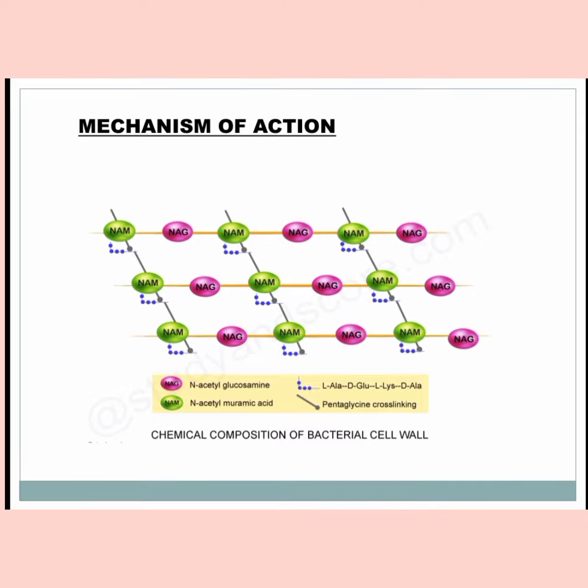Now what are these beta lactamases? Over years of using these antibiotics, the bacteria have developed something called beta lactamase. So these beta lactamases, what they do, they go and break the beta lactam ring of these antibiotics, which I had shown as the red color structure in the chemical structures.